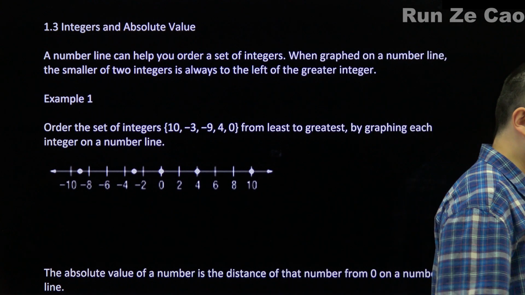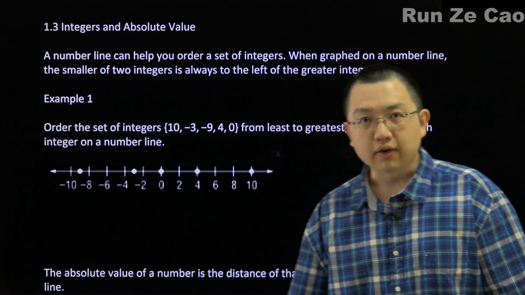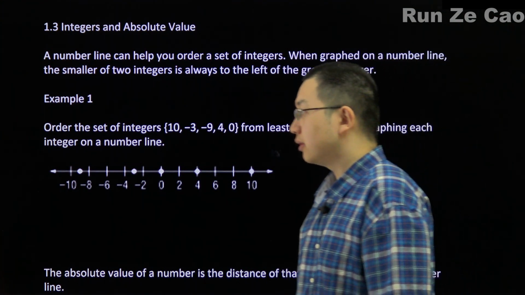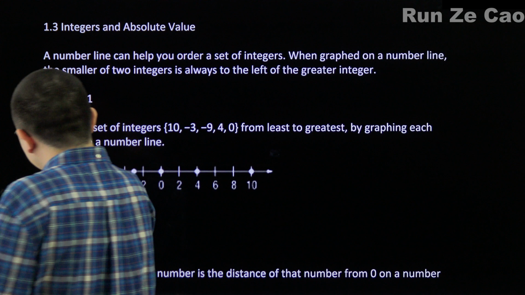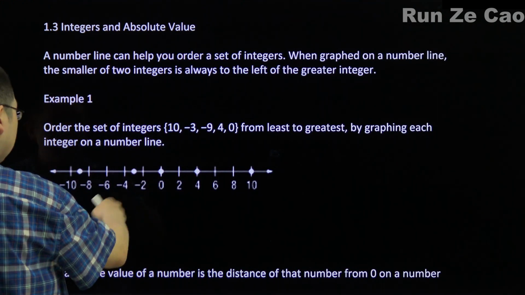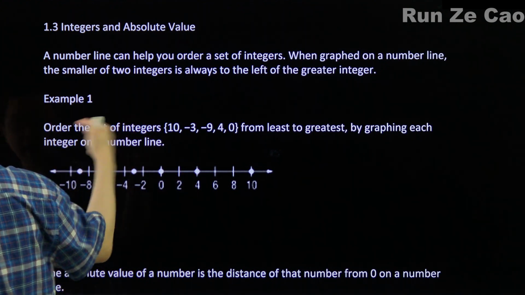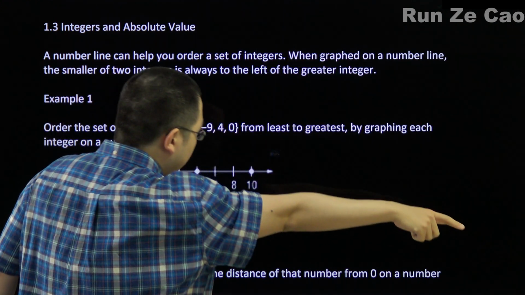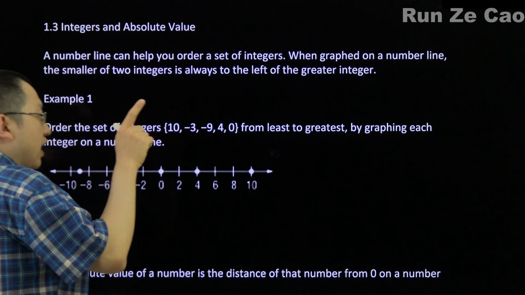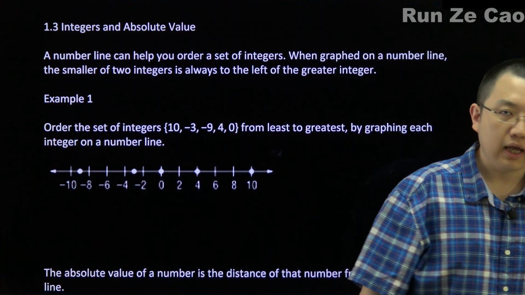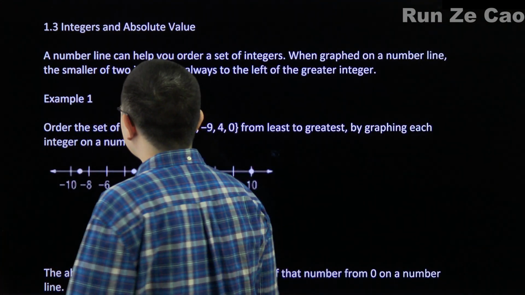Okay, so integers and absolute value. If you have a number line, you have the smaller numbers on the left, so negatives. If you have 0 somewhere on your number line, then it's negatives on the left and positives on the right, with the numbers getting bigger as you go to the right and smaller as you go to the left on your number line.